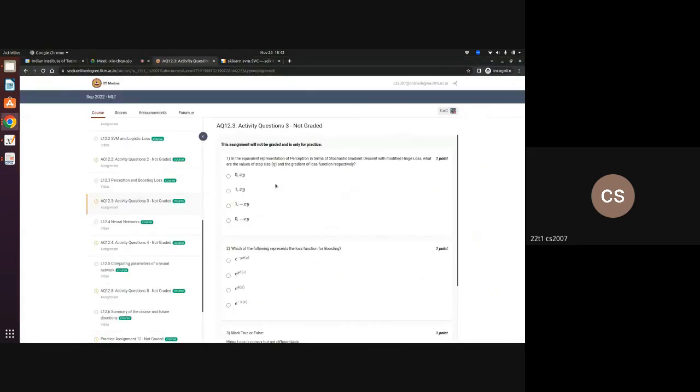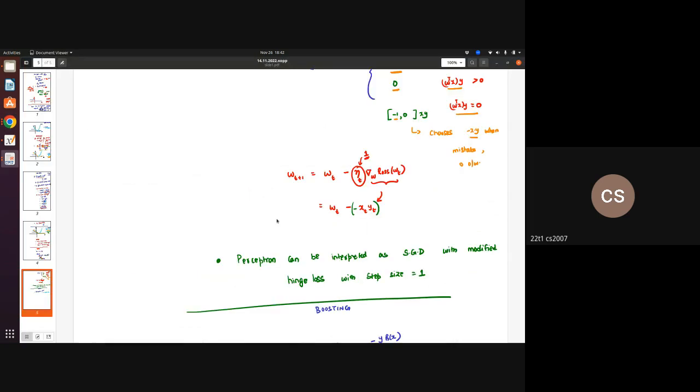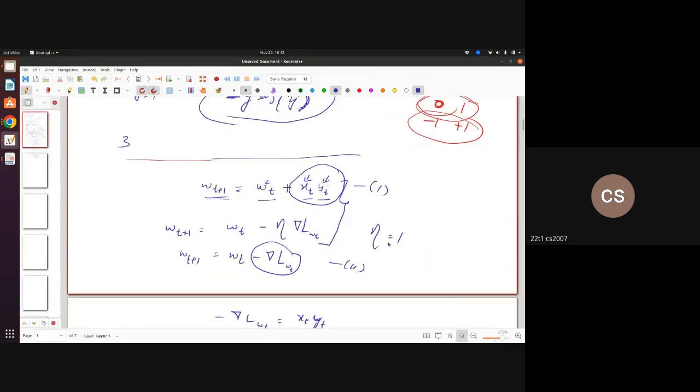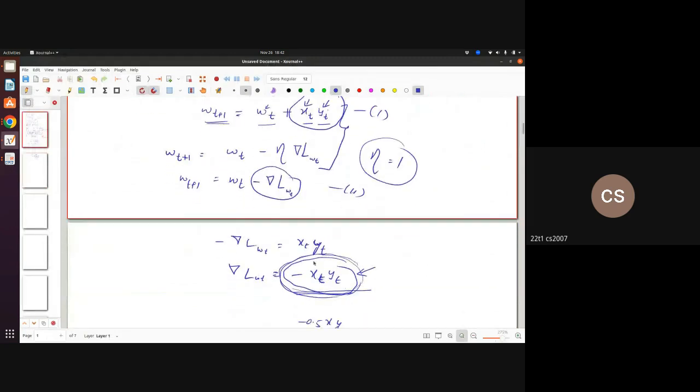Okay, getting back here, what are the values of step size eta and the gradient of loss function? We have just now seen that we are taking eta to be 1, and that's how we reached here.